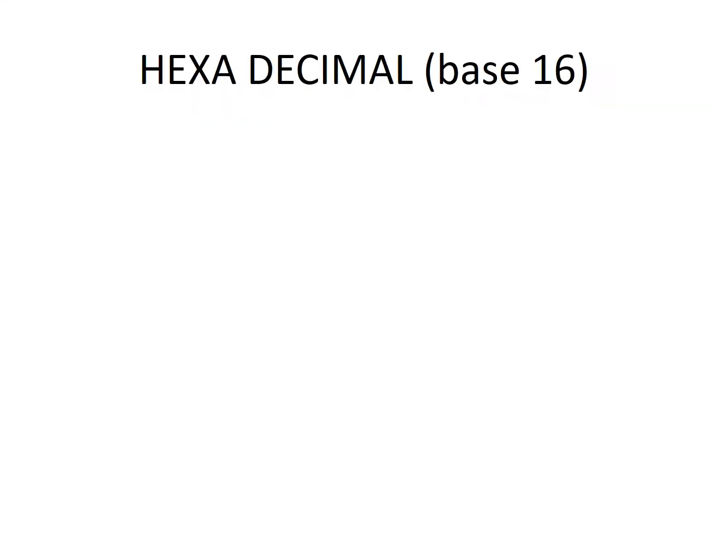Then we go to the hexadecimal number system. In hexadecimal, the base value is 16. So in total 16 numbers are there, from 0 to 15.